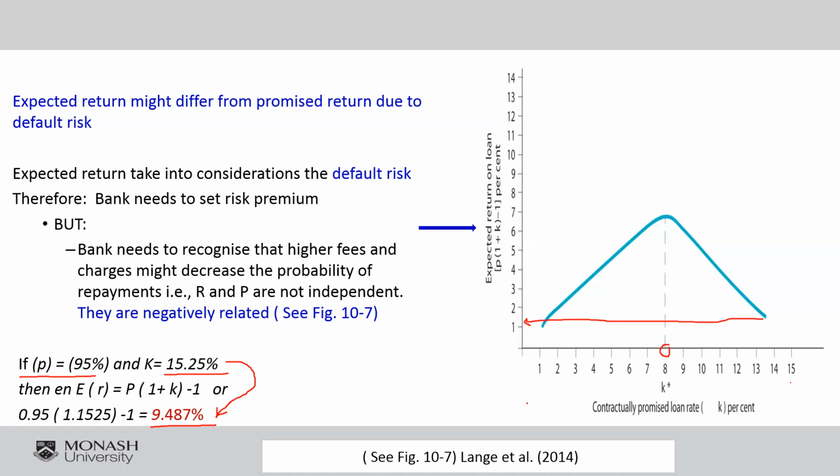If you look at it, it's here, 1%. But then you have to be reasonable in your pricing. And the reasonableness of your pricing is a utility issue, which means you want to charge at a place where the expected return is the highest. I think it's 7%. If you take it here, it's 6.5. I'm just giving an example here.